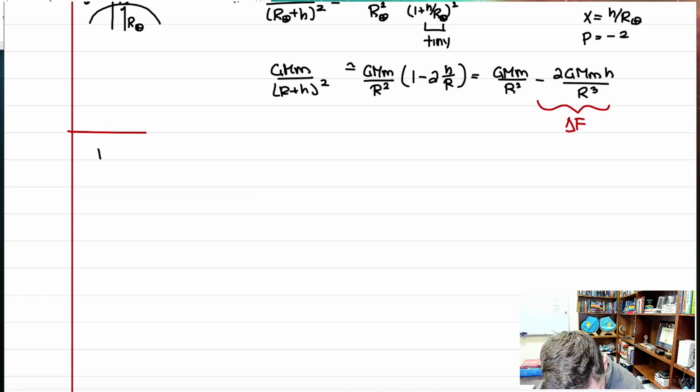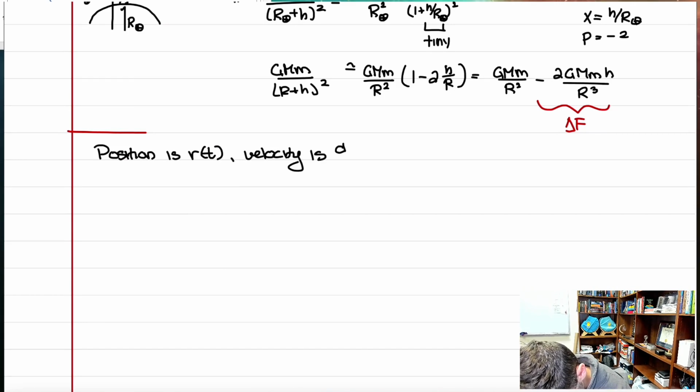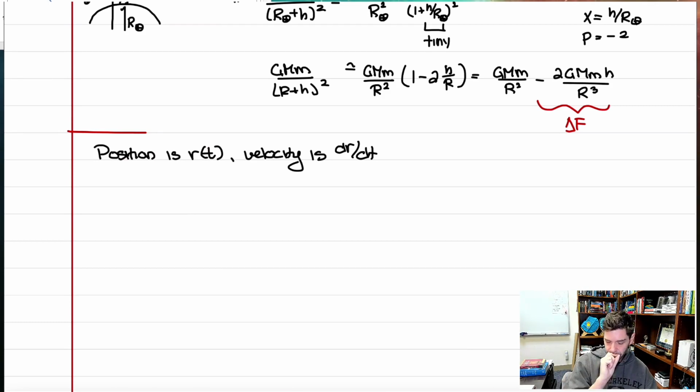So if I say the position of a particle is r of t, I can then translate that, not only with mathematical certainty, but with physical interpretation, and say the velocity is dr by dt. And of course, I can write down what a derivative is.